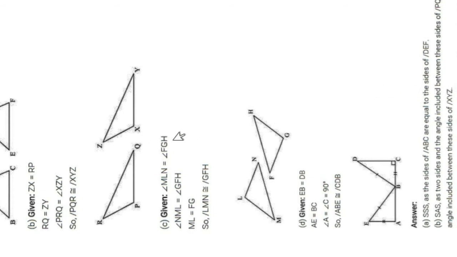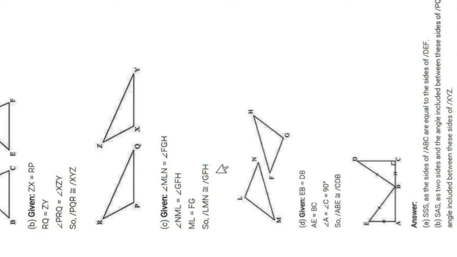Now the third one, here two figures are given: LMN and FGH. Angle NML equal to angle GFH, ML equal to FG, and angle NML equal to GFH. So triangle LMN is congruent to triangle GFH.